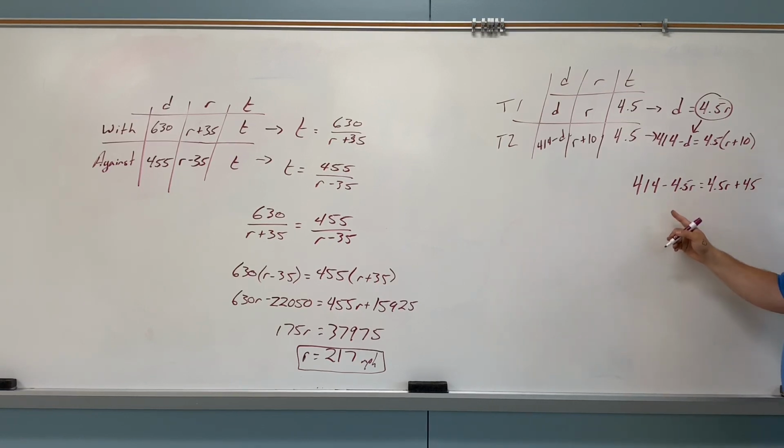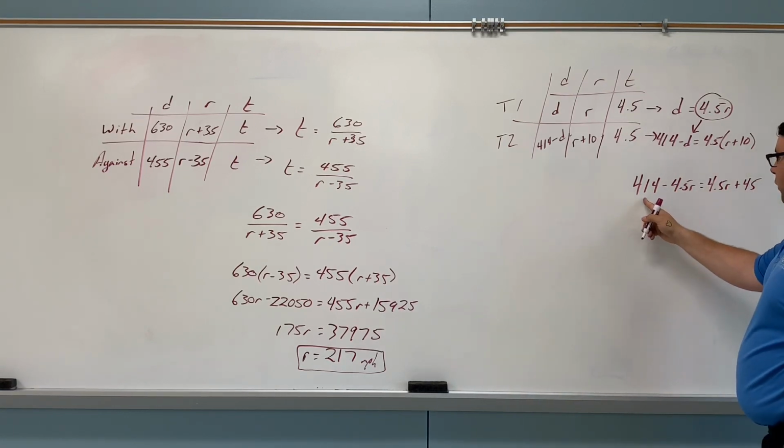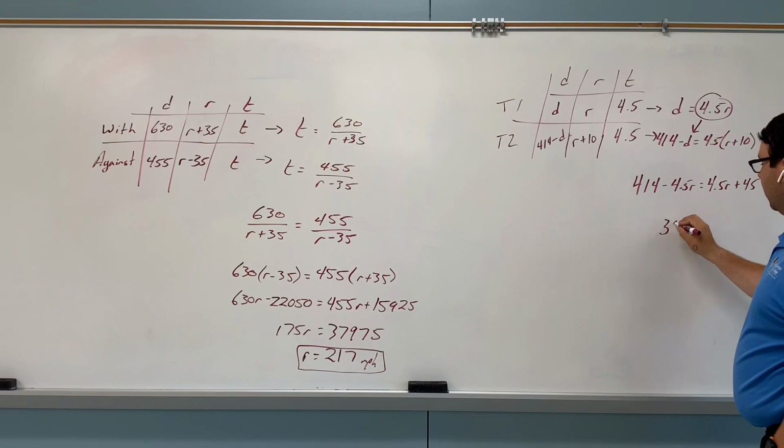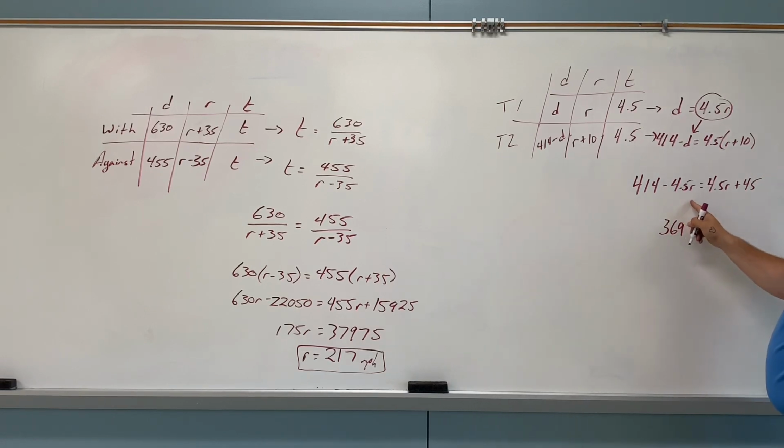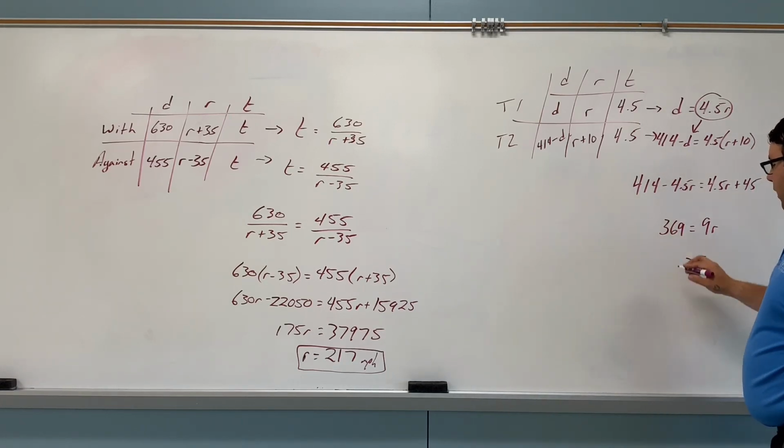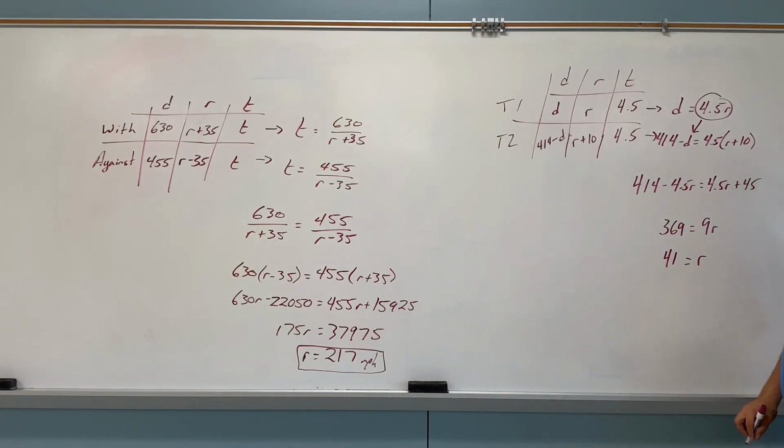Move your terms over. So this is going to be 414 minus 45 is 369. Add this over, that's 9R. Dividing by 9, R comes out to 41, meaning 41 miles per hour.